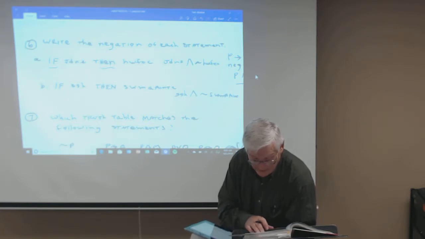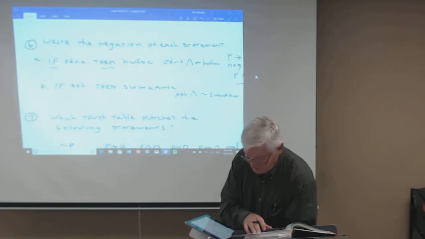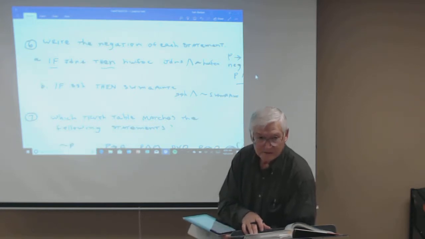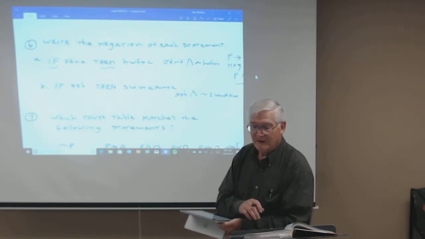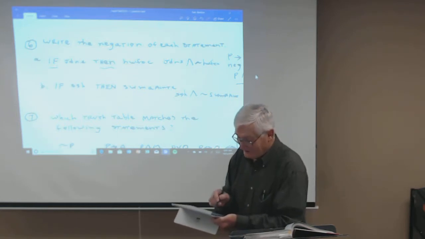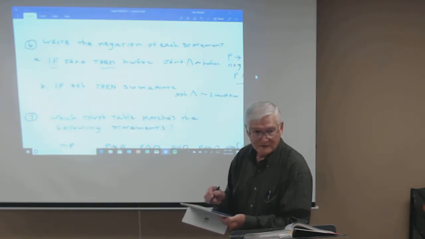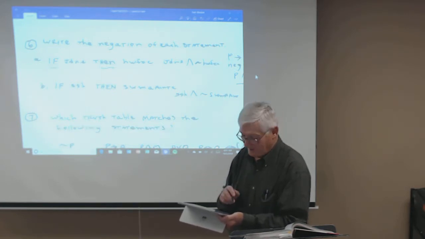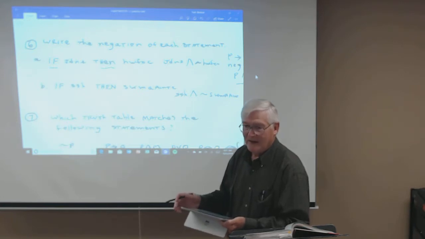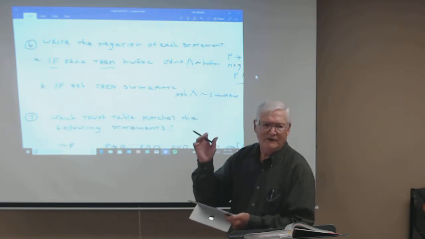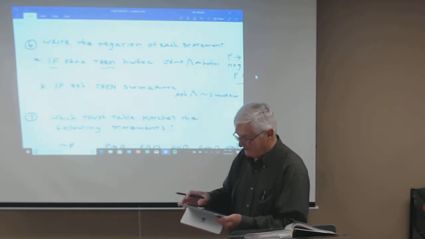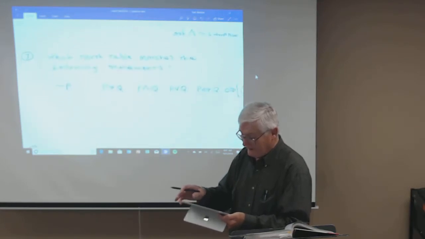Sally studied hard. Sally studies hard and she does not make an A in the course. You go, well, that's not fair. Well, that's the negation of this: if she studies hard, then she will make an A in the course. That's negating that statement. See how our emotions kick in and say, that's not fair, something's wrong with it. Number 7.